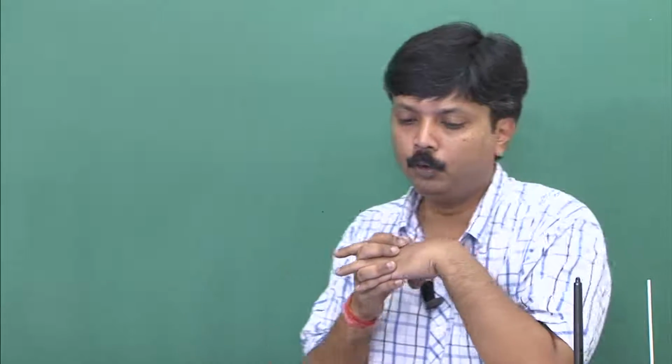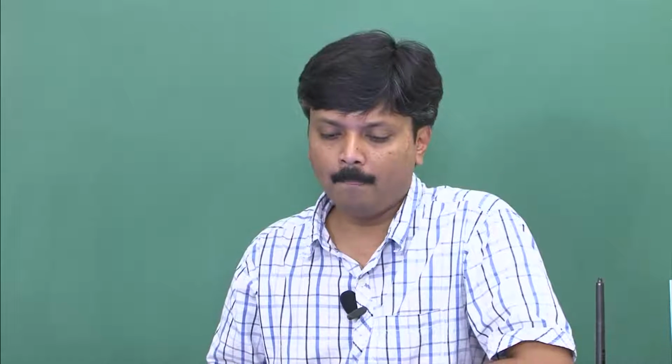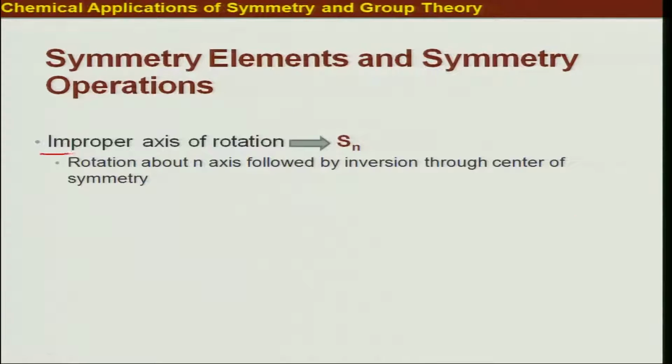So let's move to the next symmetry element that we need to learn. The next symmetry element is known as the improper axis of rotation. This is a symmetry element whose symbol is Sn, S subscript n. Now we have something called improper, because initially we started with the proper axis of rotation, and I told you to find the meaning of this term proper.